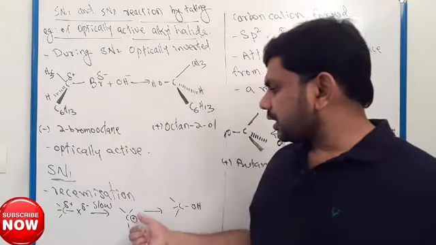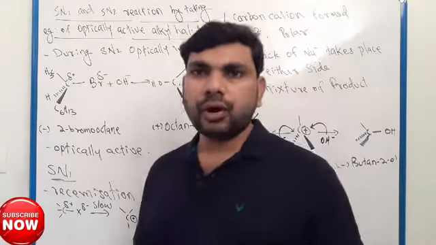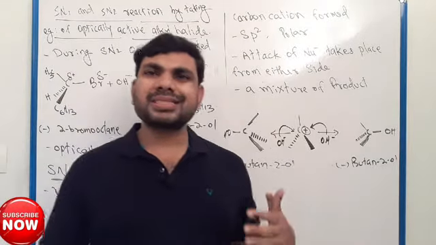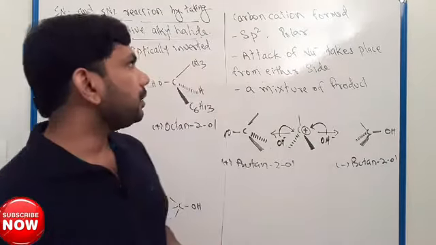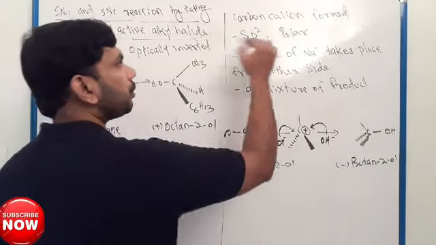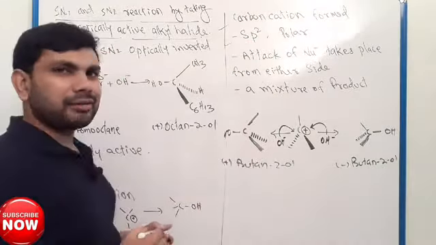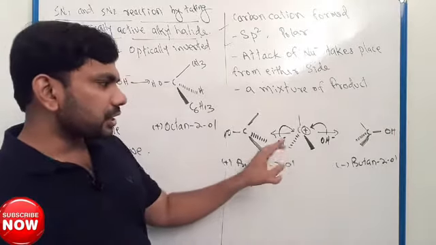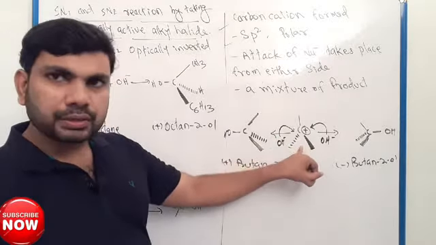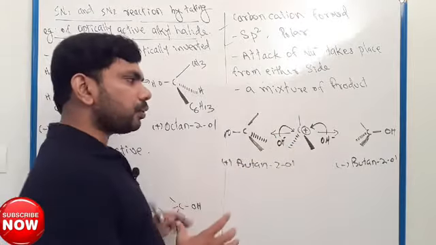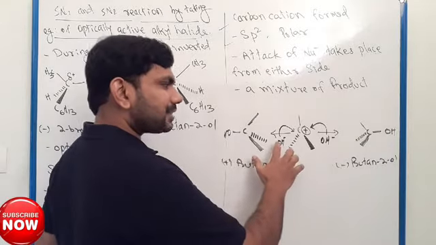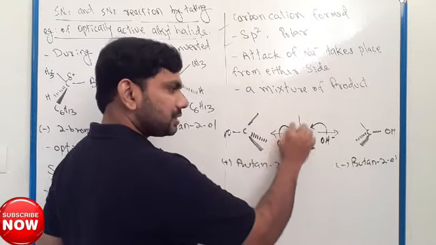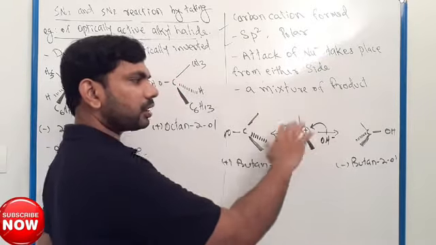Here a tertiary carbocation is formed. This carbocation is polar and sp2 hybridized. In this carbocation, the nucleophile can attack from either side, right side or left side.